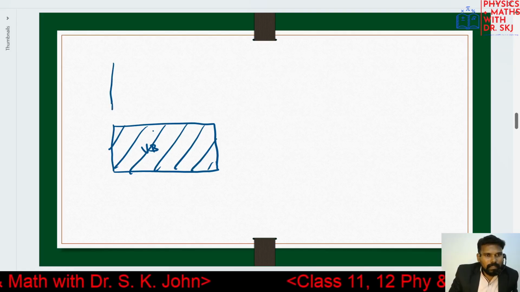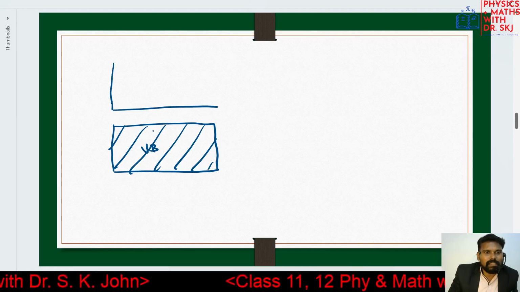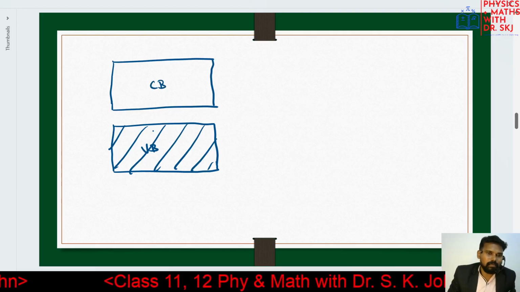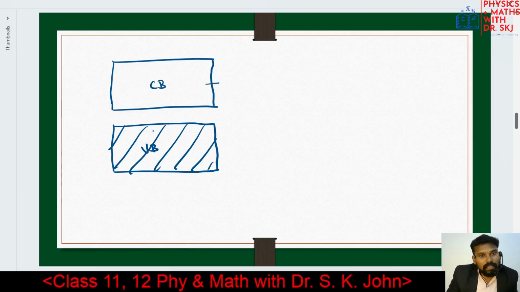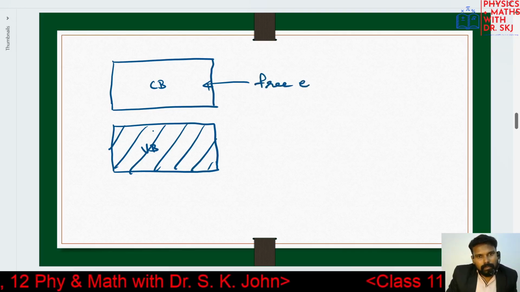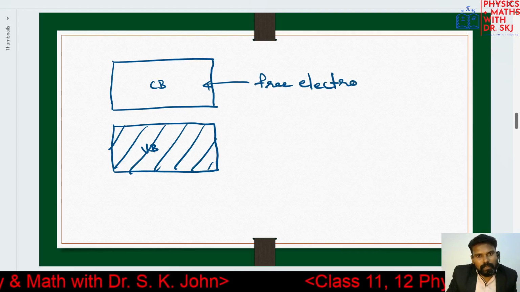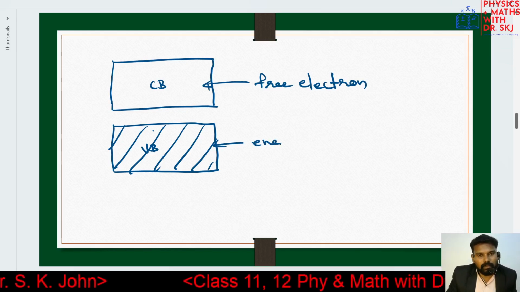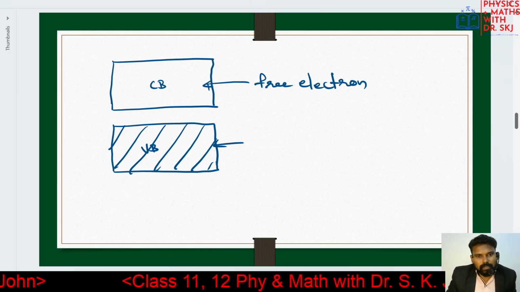Conduction band is the range of energy possessed by conduction electrons or free electrons. This is the energy range of free electrons. This is the energy range of valence electrons.